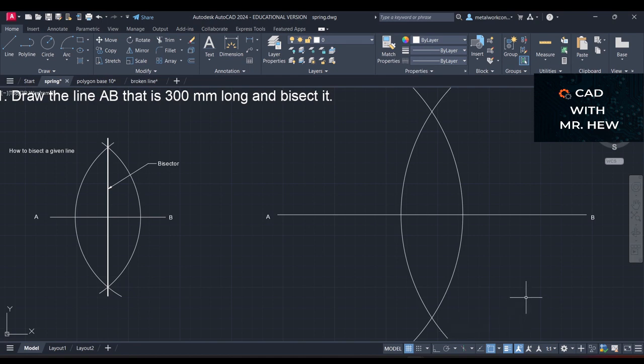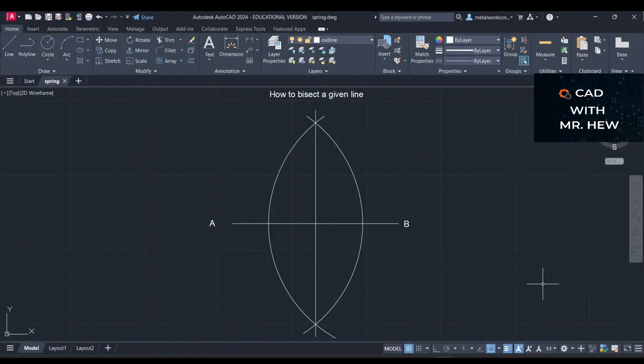Where the two arcs intersect, you're gonna draw a line from the intersection. All right, so here's our bisector, and we're gonna label it now, okay? All right, so here we have labeled the bisector, and this line is a bisector.